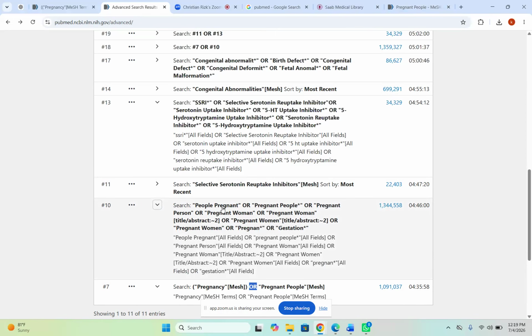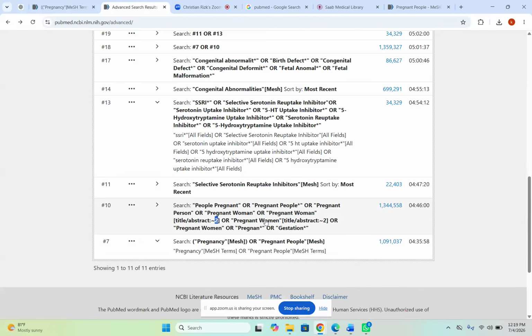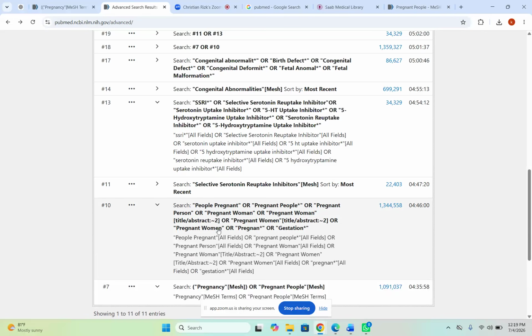You can see we searched for each word within quotation marks. Here we had pregnant woman or pregnant women, as it was stated. We added this too because there might be variants such as women that are pregnant, and so on. The same goes here, woman with an E, and pregnant with a star.